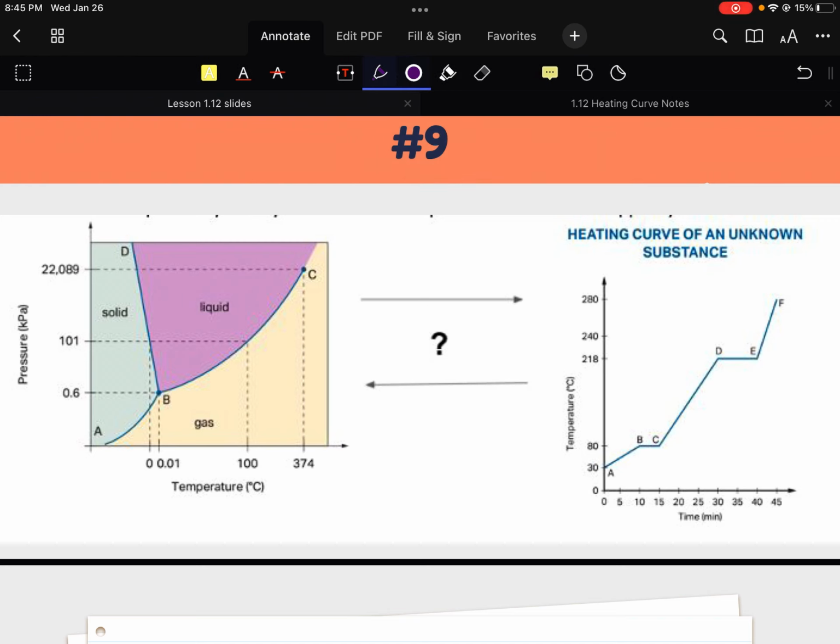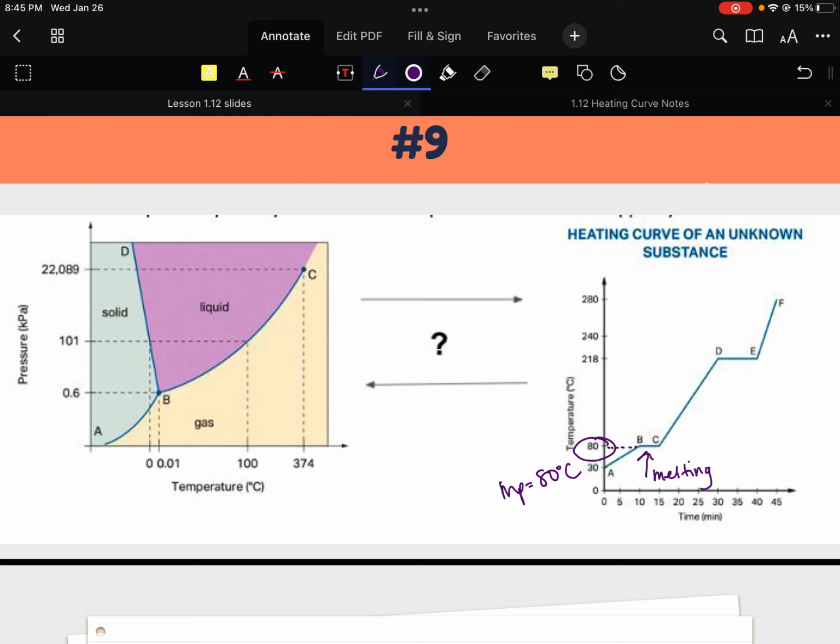Remember, I know right here, this line, this is melting. So if I wanted to get the melting point, it's right at about 80. So my melting point, we'll write this, is 80 degrees Celsius.